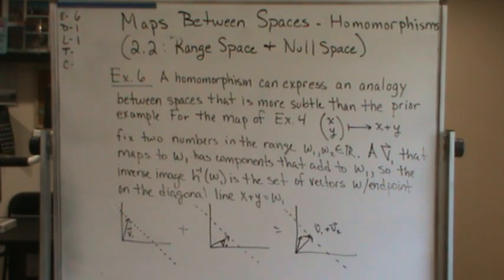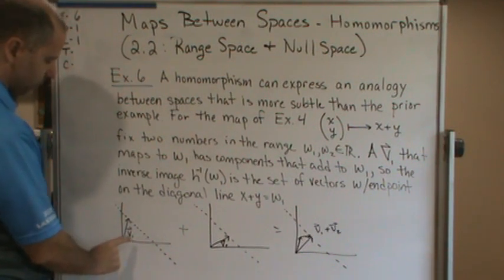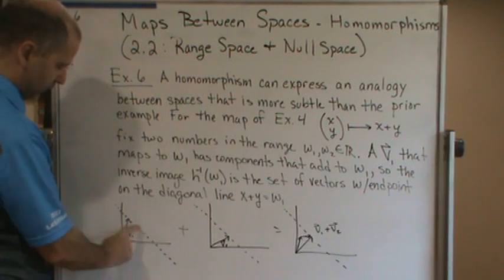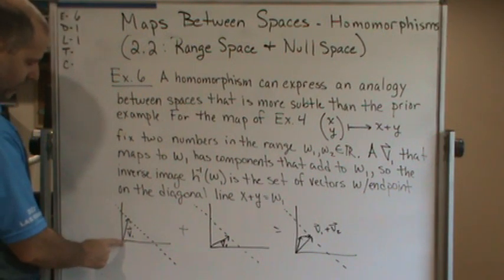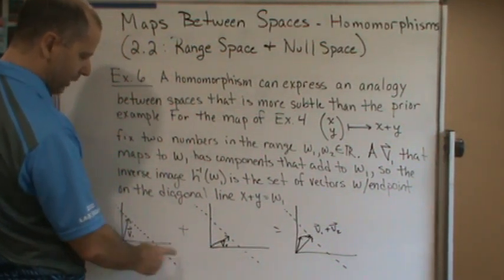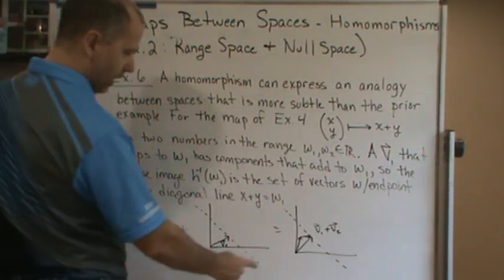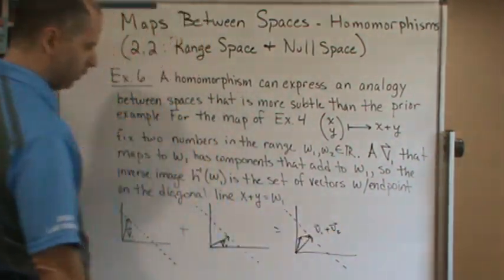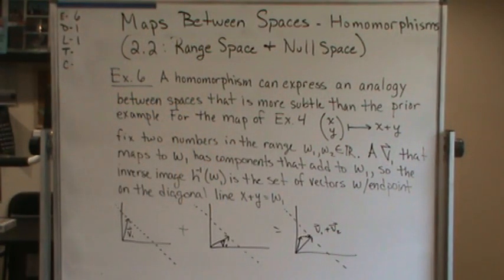Okay? So if we look at this here, here's the diagonal, this dotted line, we could take 2 vectors, vector 1 and vector 2. We can add those 2 vectors and we get vector 1 plus vector 2.